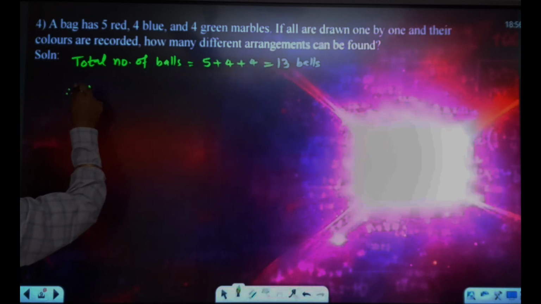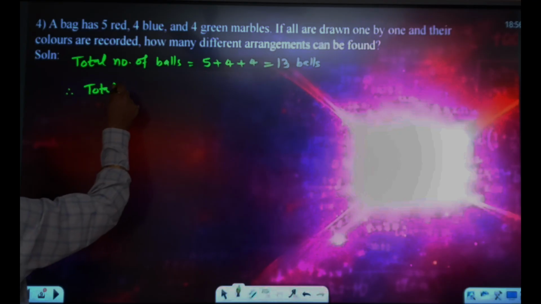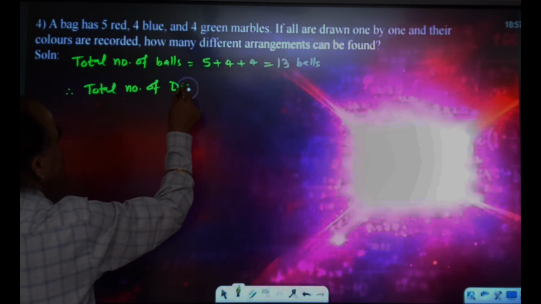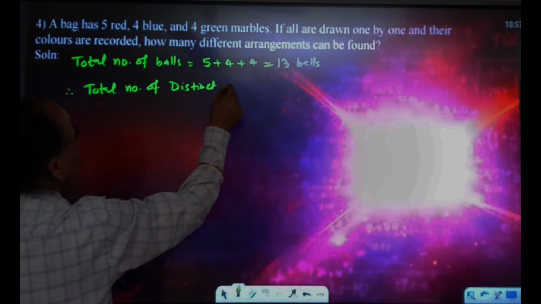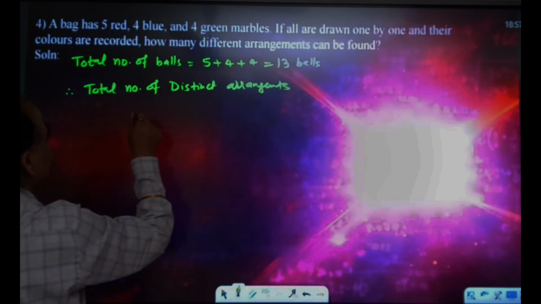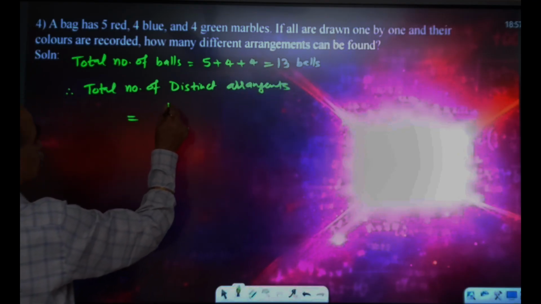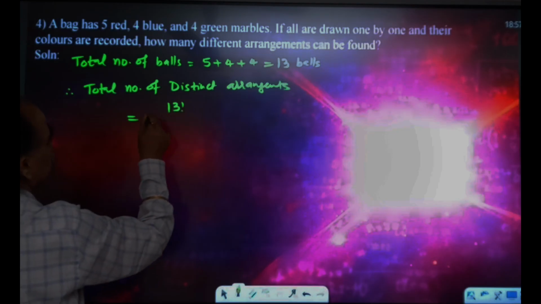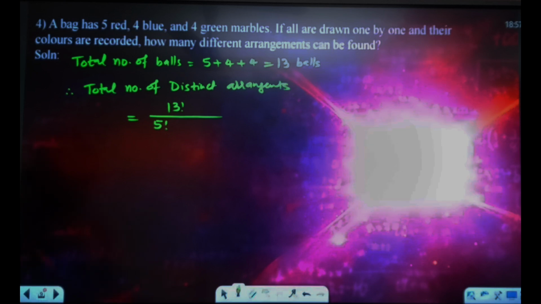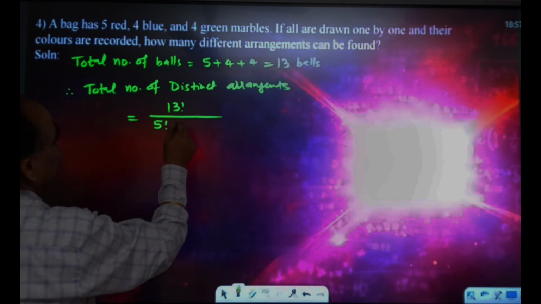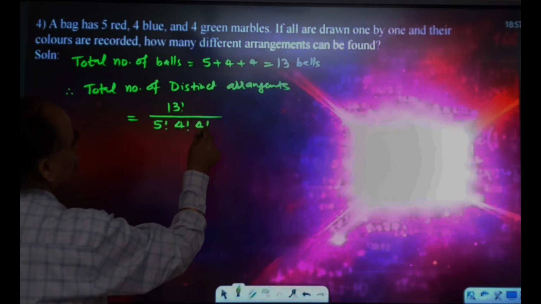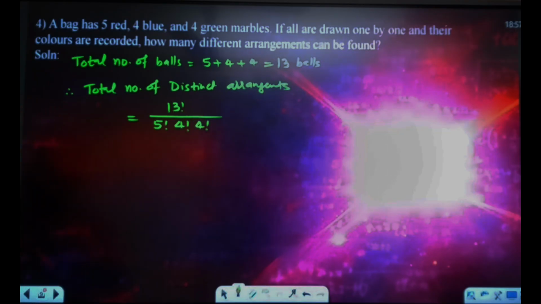Therefore, total number of distinct arrangements is 13 factorial. Red ball is what? 5. They will be alike, same. Blue 4 will be alike, and 4 green, 4 factorial.